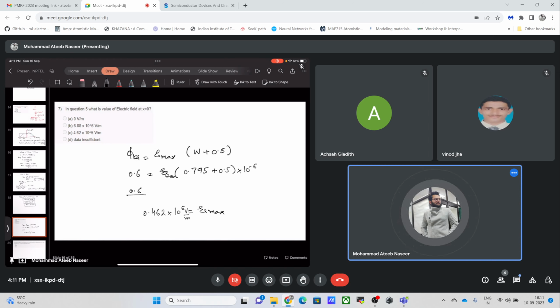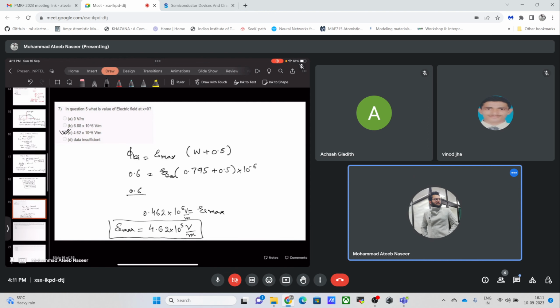This was in micrometer, now it is in volt per meter. So it is simply equal to 4.62 into 10 to the power of 5 volt per meter. This is the value of the maximum electric field. So option C seems to be the correct option for this maximum electric field, and we will be selecting option C.